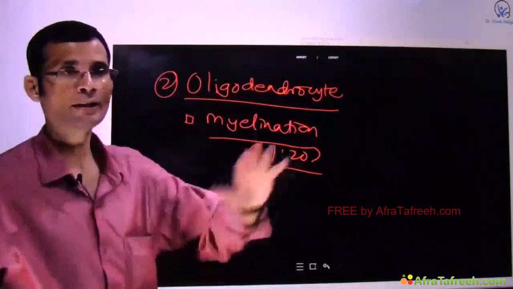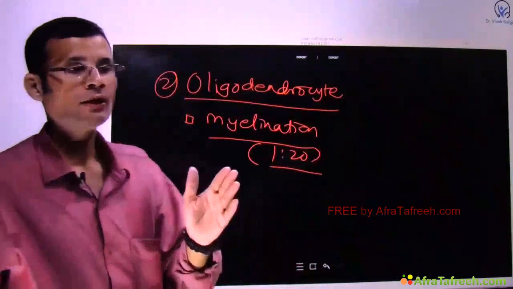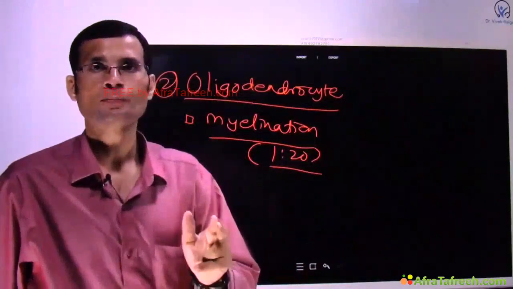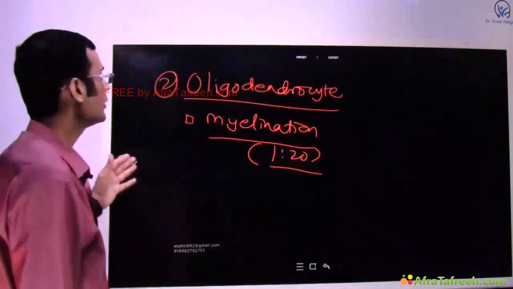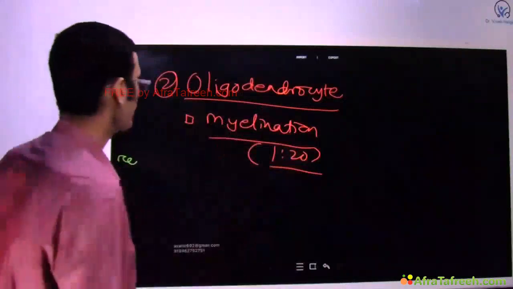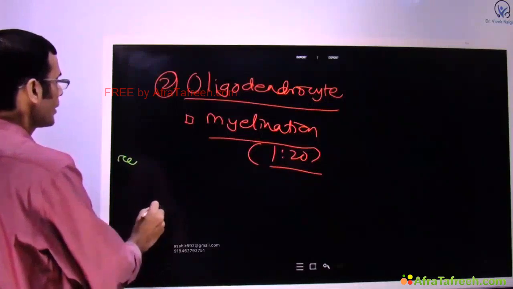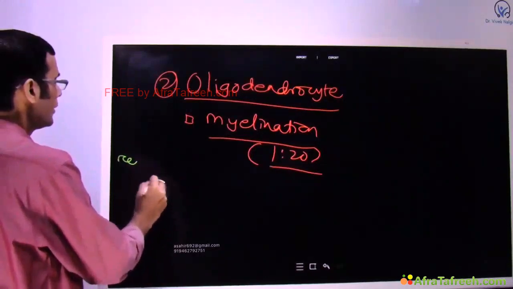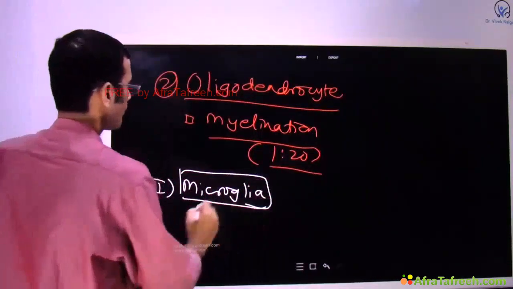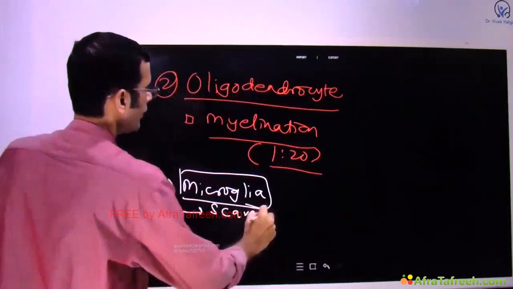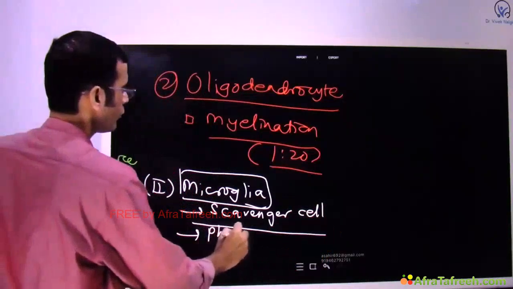One cell had myelinated various axons, in various directions, and the sprout, even if it has to grow, does not get a definitive path to regrow, and therefore CNS neurons cannot repair. So these are the types of macroglia. Second, the microglia. Microglia is called a scavenger cell in the CNS. It has a phagocytic function.